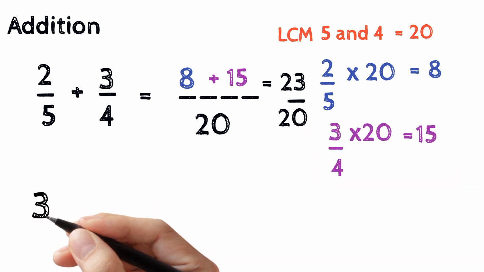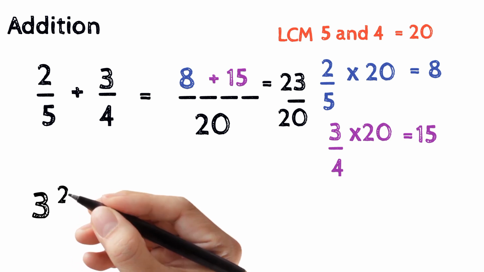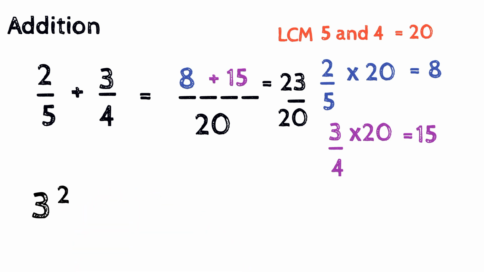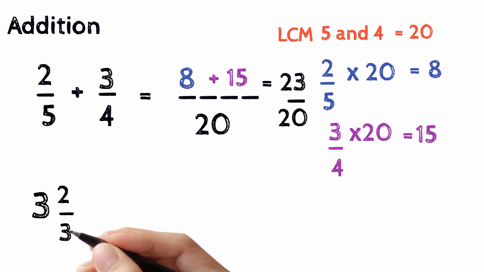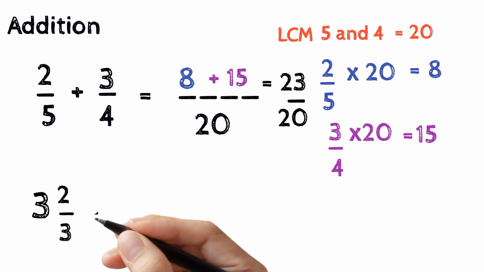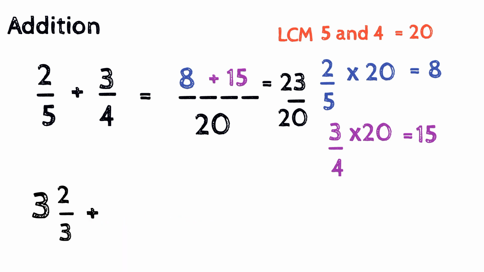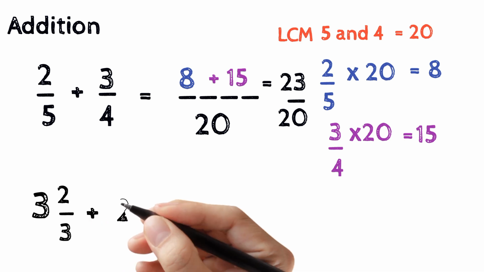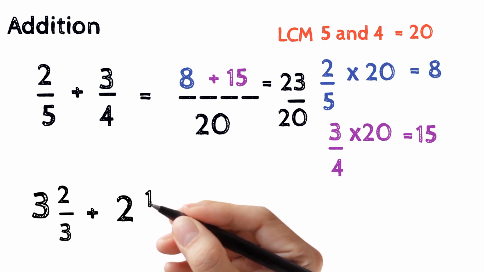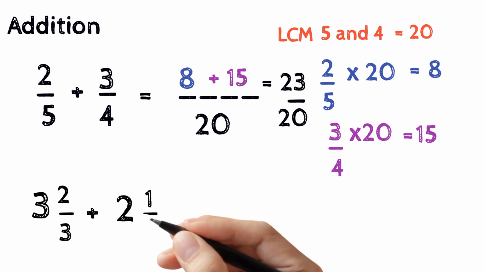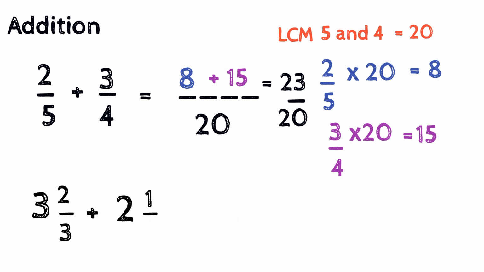Now, how can we add the mixed fractions? For example, 3 2 over 3, then plus the other fraction, 2 1 over 2.